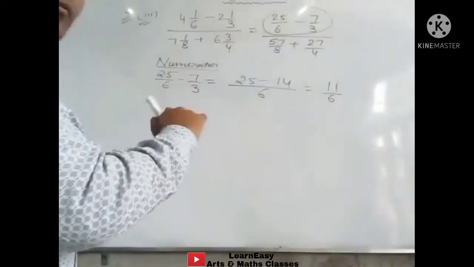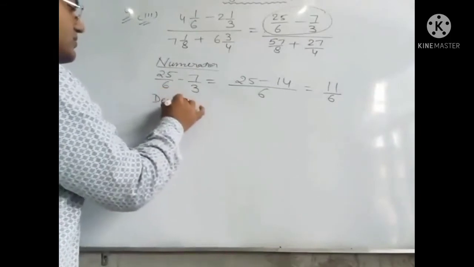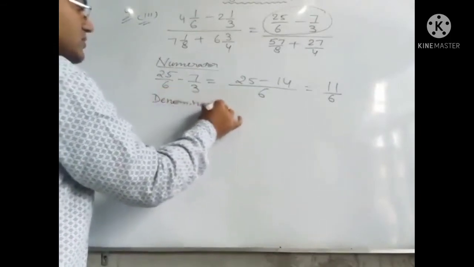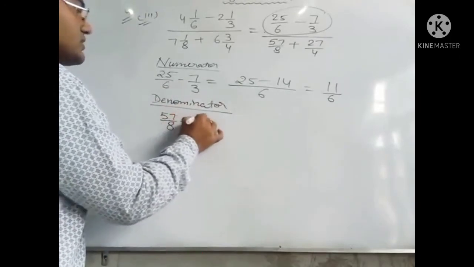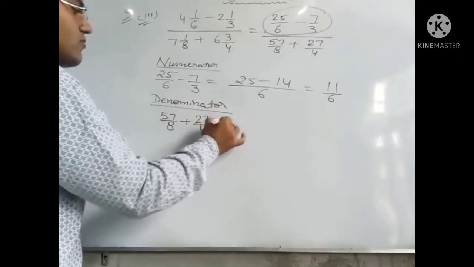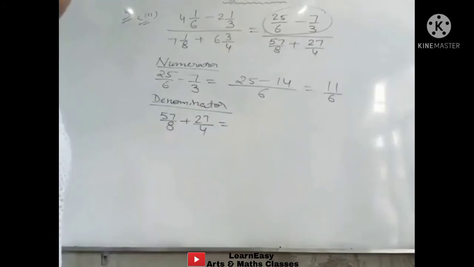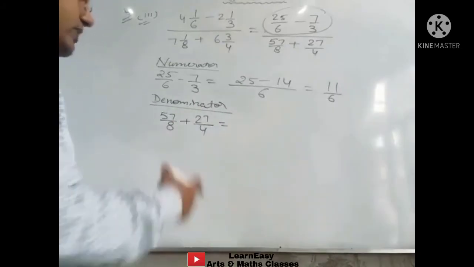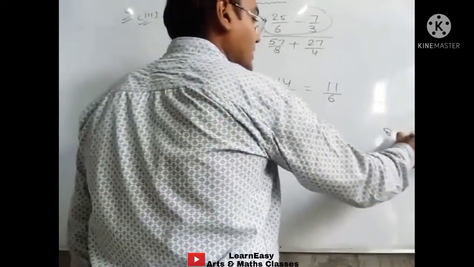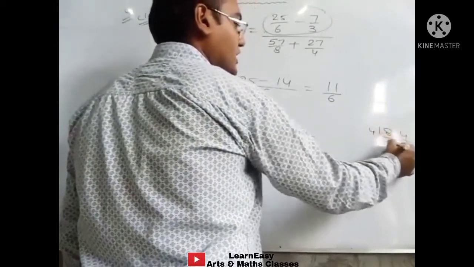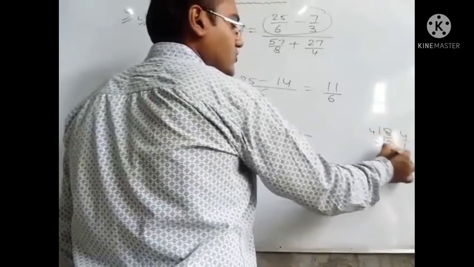Now we will come to the denominator. Denominator is 57 upon 8 plus 27 upon 4. This is the denominator. First of all, what will we do? We will take the LCM. LCM of 8 and 4. 4 times 2 is 8, 4 times 1 is 4, 2 times 1 is 2.